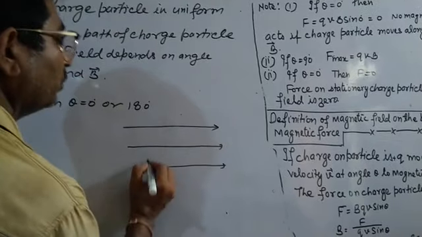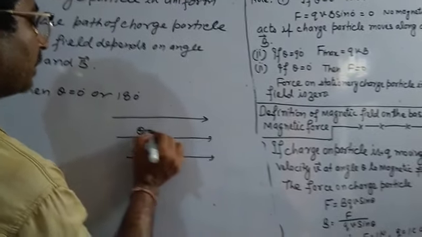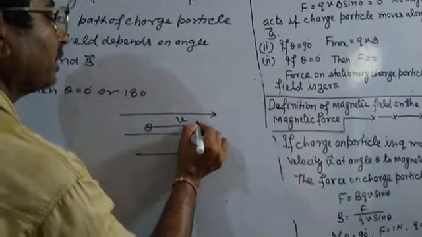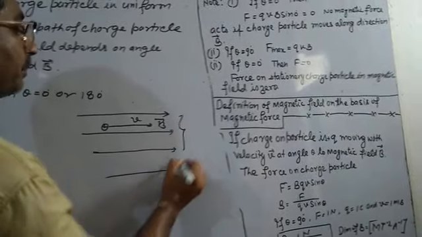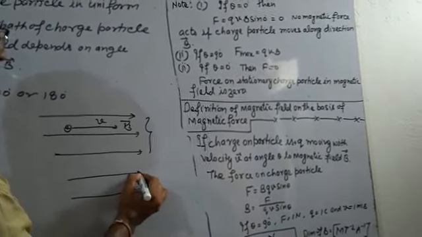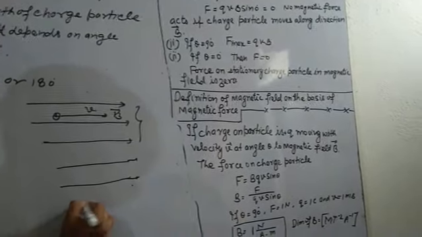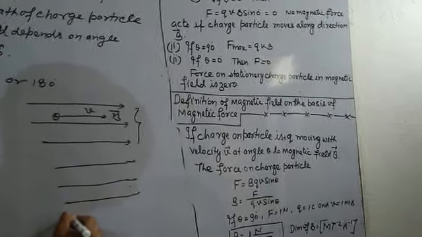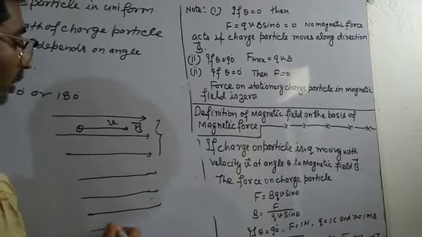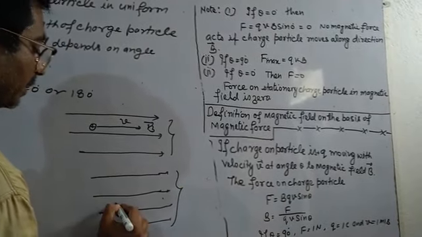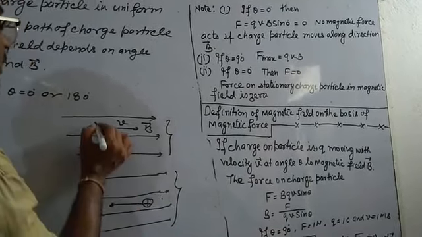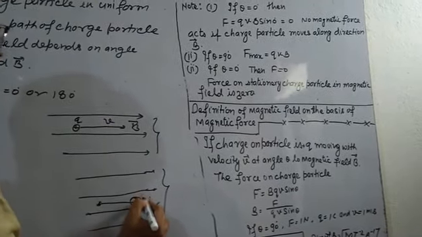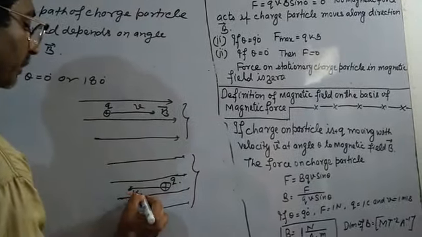A positive charged particle keeps moving along the direction of the magnetic field, or you can say the charged particle moves opposite to the direction of the magnetic field, with velocity v.